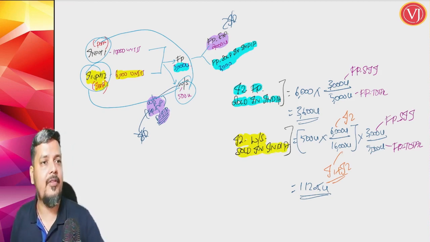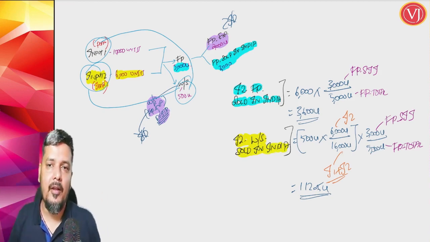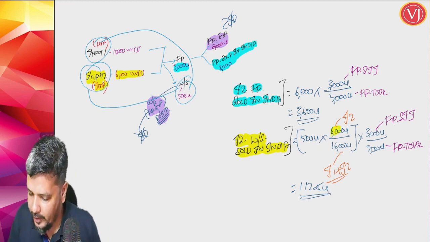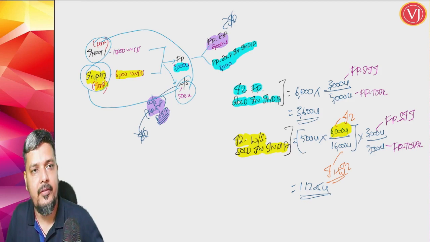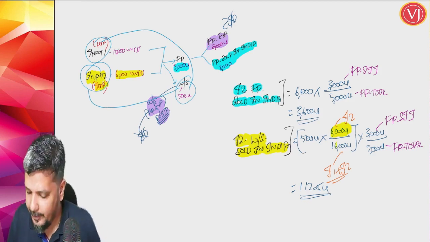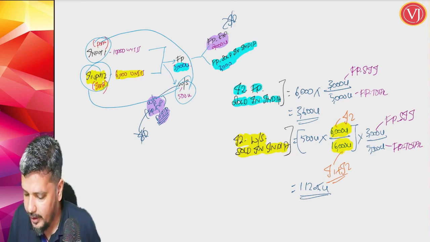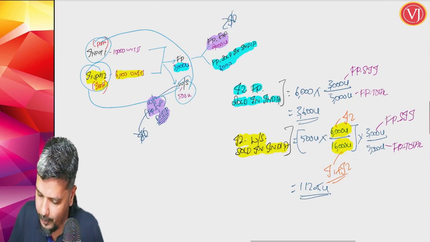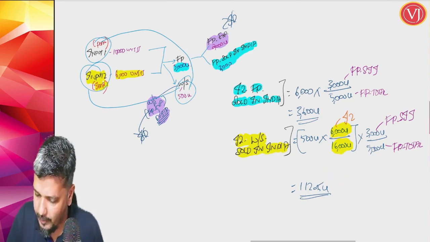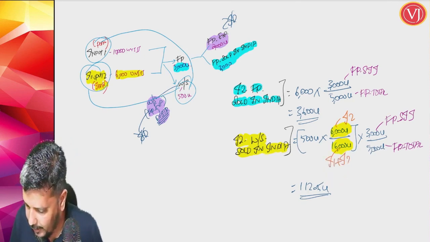Do not make this mistake of taking 500 multiplied by 3,000 divided by 5,000. No, here you will have a special point. Waste and scrap will be a combination of input 1 and input 2. So multiplied by input 2 quantity divided by input 1 and input 2 quantity.